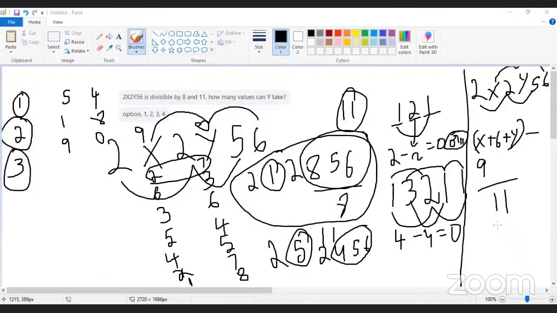Is there any number where I can put in the place of x and y and subtract from 9 so that I'll get 11? Is there any possibility?